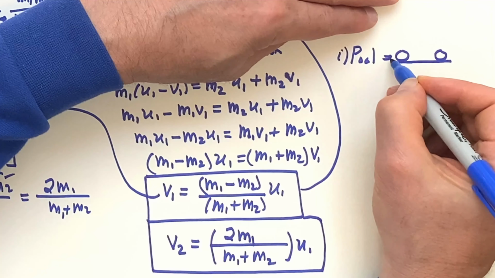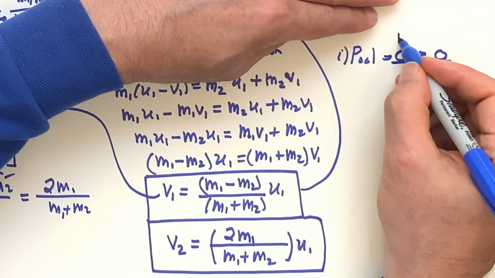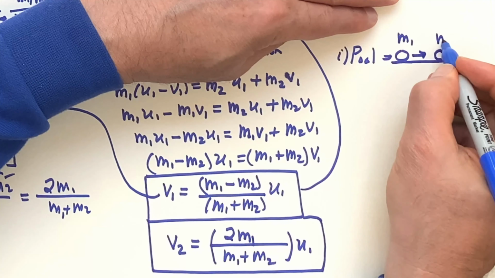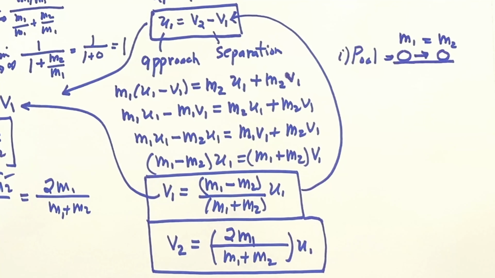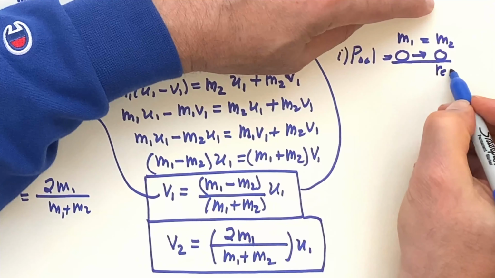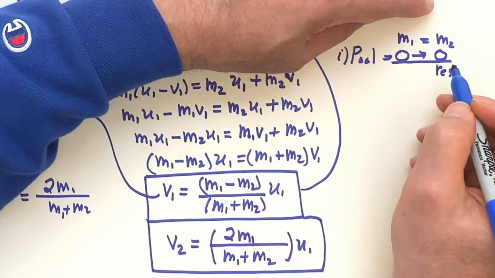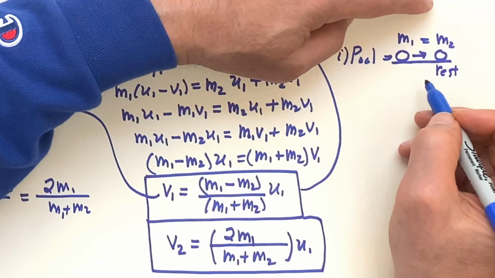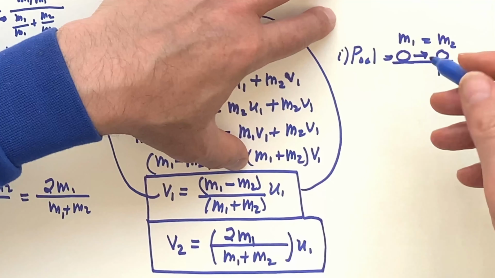A cue is going to be hit moving this way. And we'll take these masses to be the same, the pool ball masses. And if they're the same, say this one's here at rest, and here the cue ball's on its way to hit it, then you have, in this situation, you can apply that.